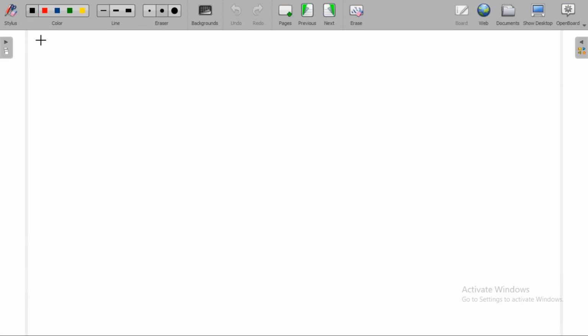Now case 2. If we have a phase difference of 45 degrees, then what will be the pattern observed on the screen? Let me take phi equal to 45 degrees.